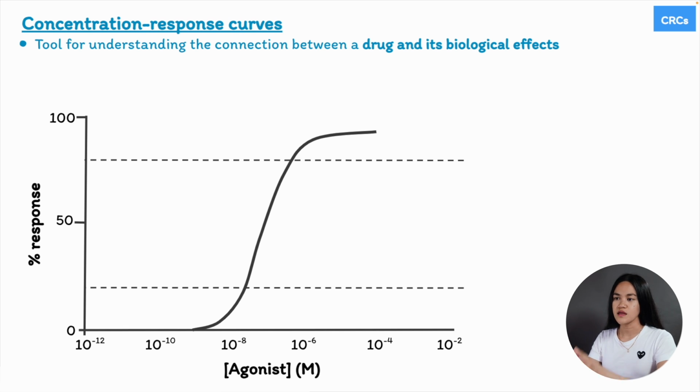Here's the thing though. There is a limit to this relationship, because as the drug concentration continues to increase and reaches the upper range here, the response begins to plateau. This means that even if the drug concentration keeps rising, the response no longer increases further. So we represent this relationship between drug concentration and biological effect using a concentration response curve, CRC.